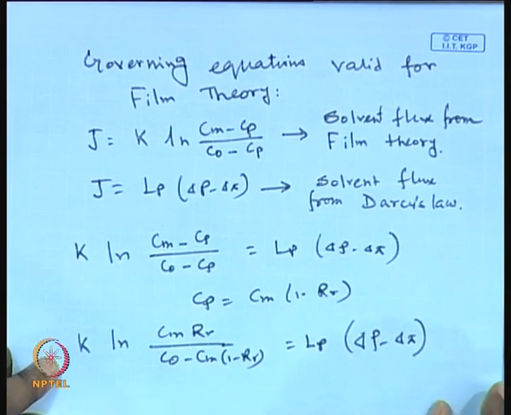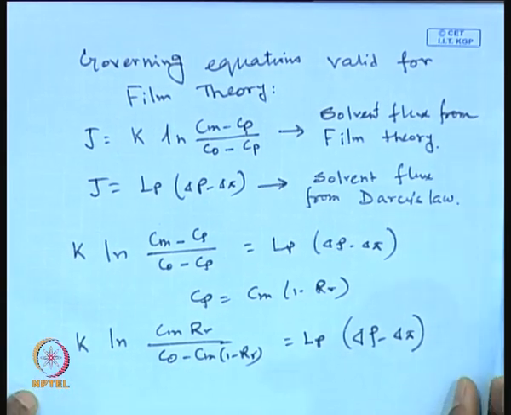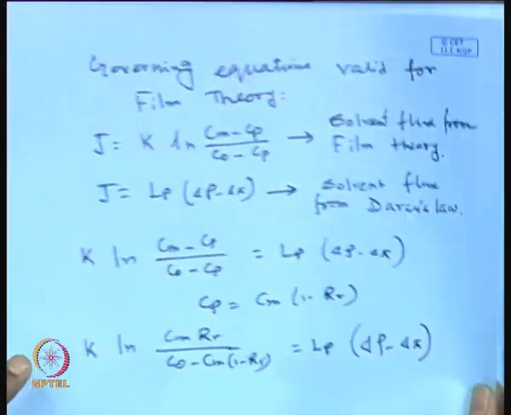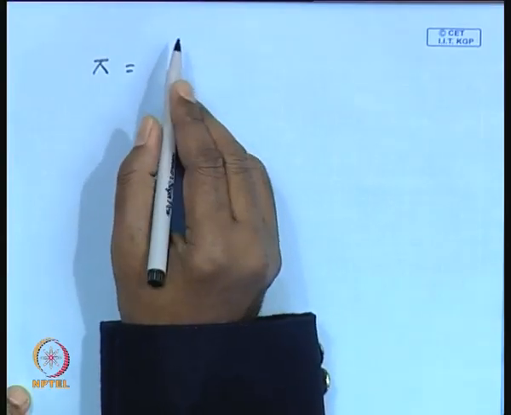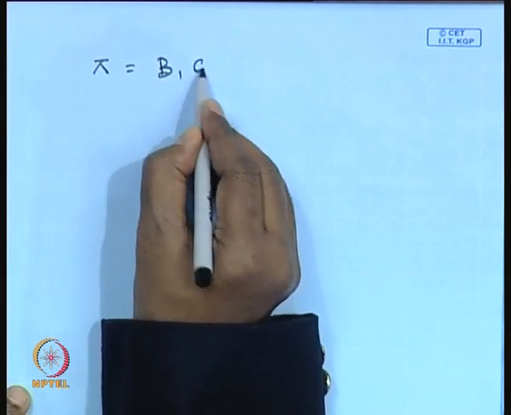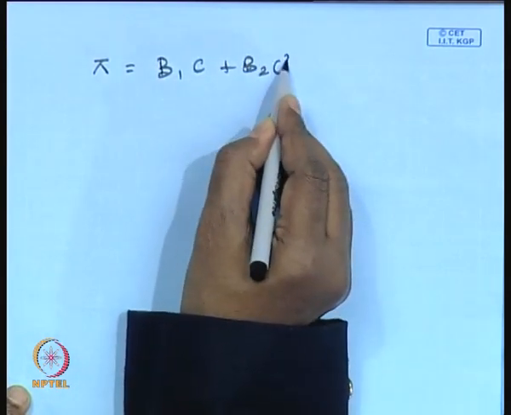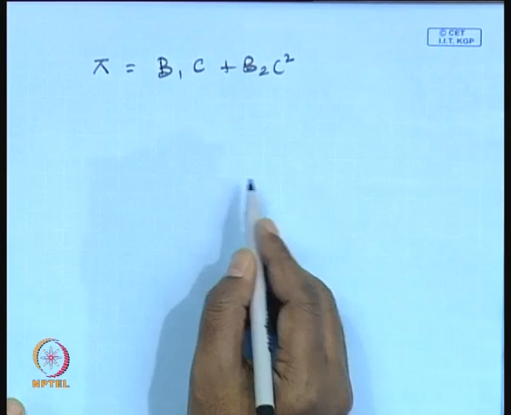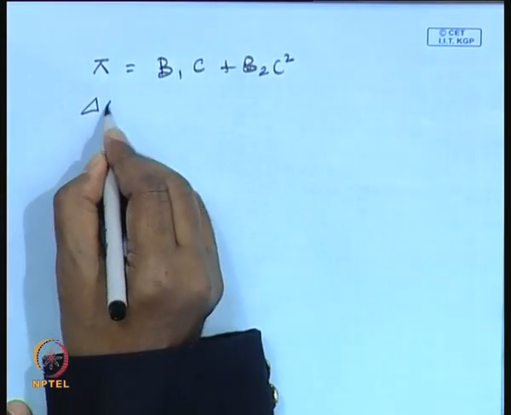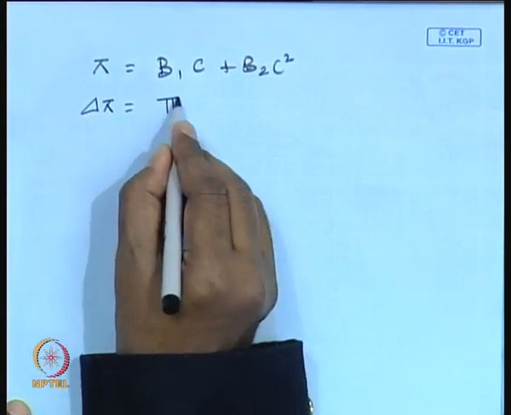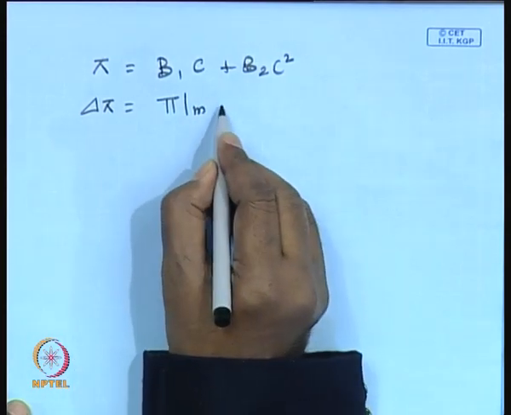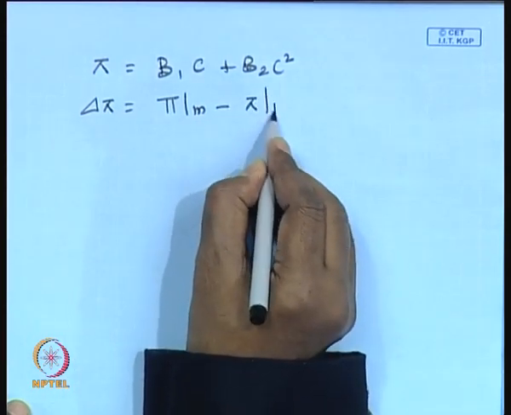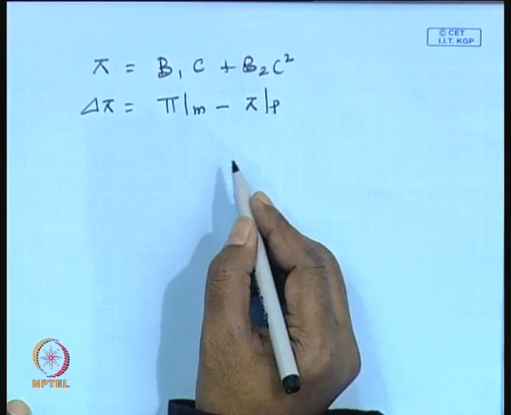Okay. Now, we will just simplify the expression of delta pi. The expression of pi was given as B1 C plus B2 C square, where the coefficients B1 and B2 are given. So, what is delta pi? Delta pi will be nothing but pi at the membrane surface minus pi at the permeate stream.